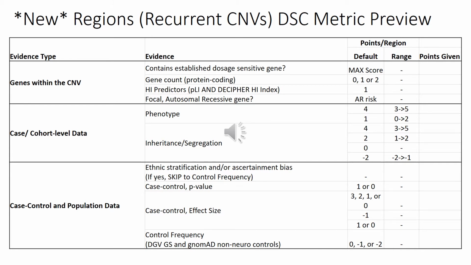In the middle, case and cohort level data, including specificity of the phenotype and inheritance patterns. And at the bottom, case control and population level data, which have established scores based on p-values, effect size, and CNV frequency.